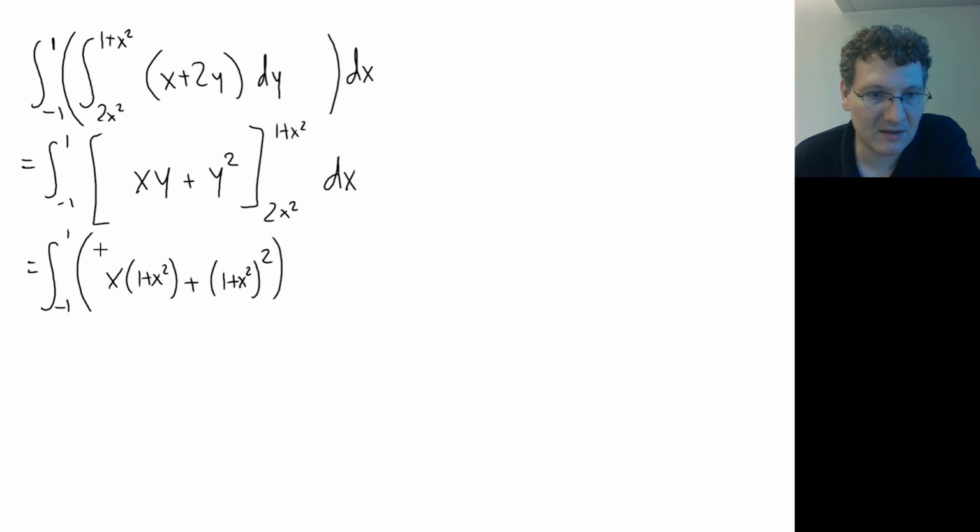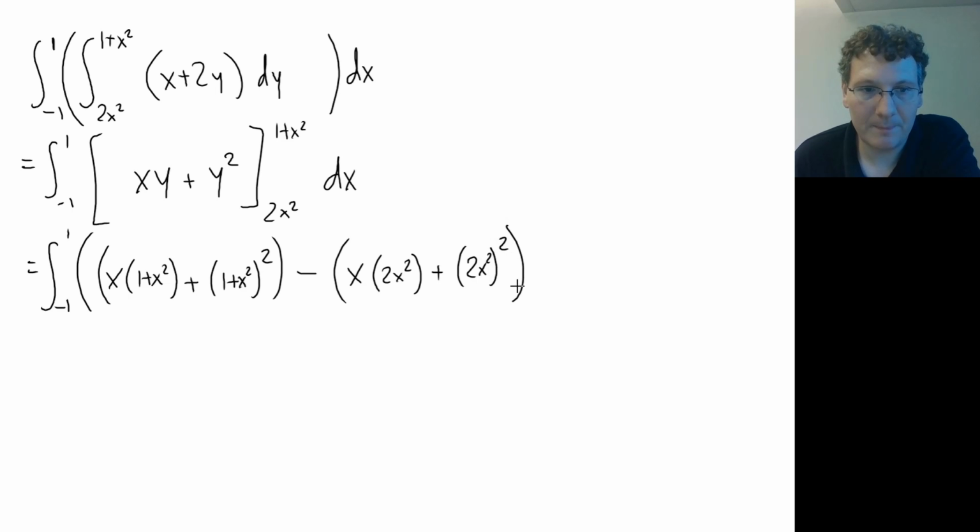So this is the antiderivative evaluated at the upper function bound minus this thing evaluated at the lower one, which is going to be x times 2x squared plus 2x squared squared, and there's a little dx. I'm going to clean this up a little bit.